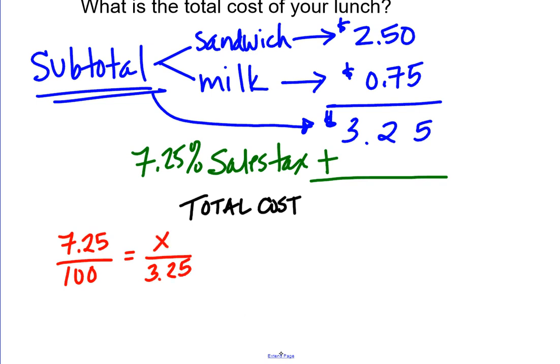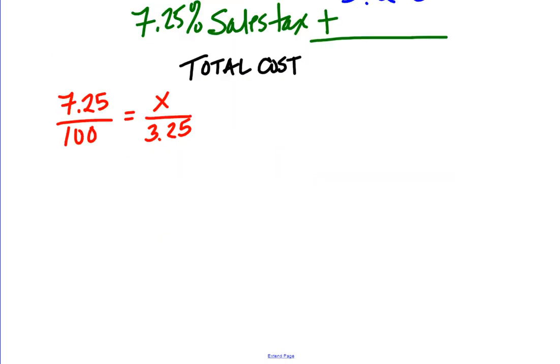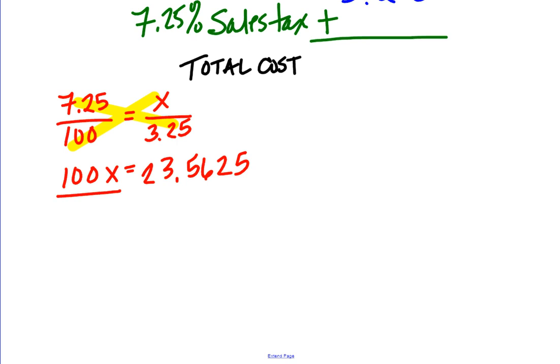Once I set this up, I'm going to cross multiply. That's why I said have our calculators ready. 100 times x is 100x. I'm going to use my calculator here. 7.25 times 3.25 is going to get me the number 23.5625. Now we have to do one more step. We need to divide by 100. When I divide this number by 100, I find out that it is 0.235625.